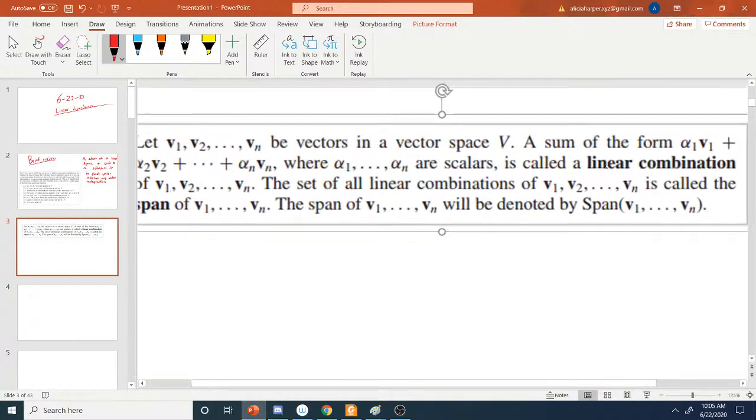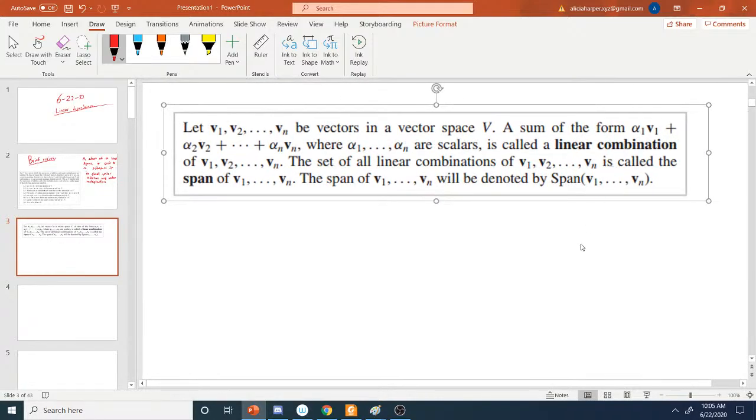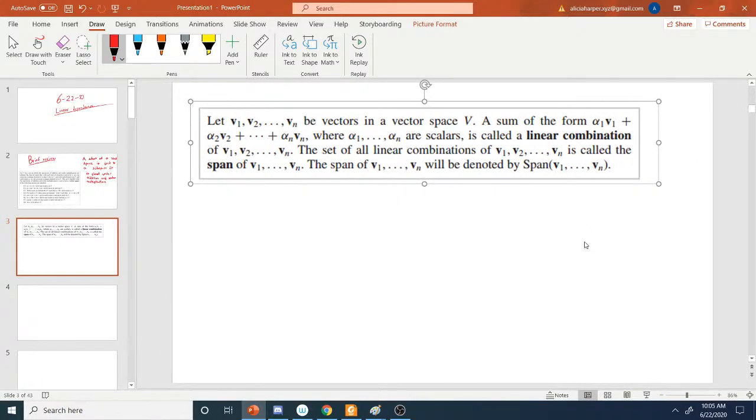And it turns out that the set of all such linear combinations forms a set called the span, and this span turns out to be a subspace of the vector space V. Now, I will have more to say about this soon. In fact, basically all of today's lecture is going to be about studying various aspects of spans. But before I get to that, I want to finish off one little bit of business from last lecture that I didn't get to.